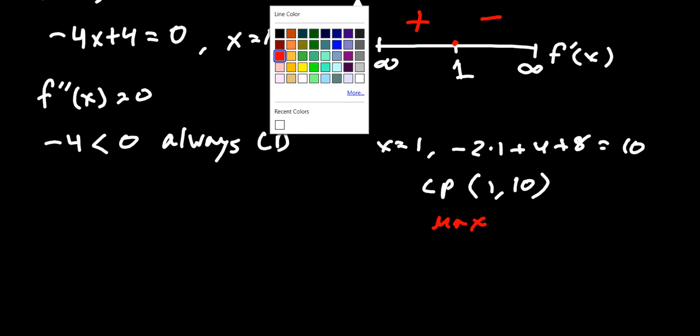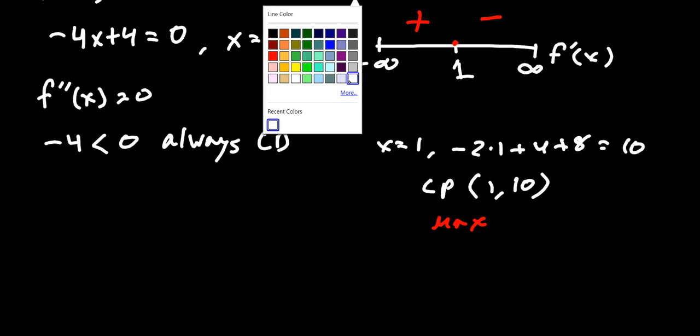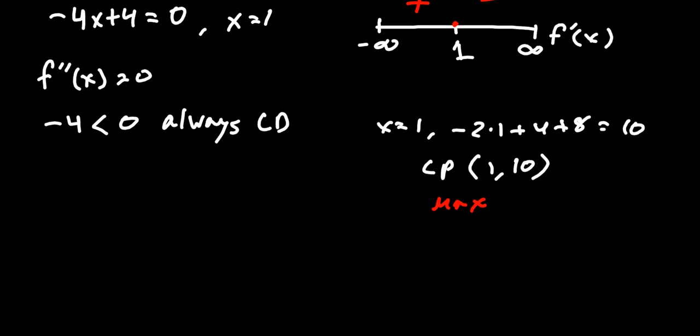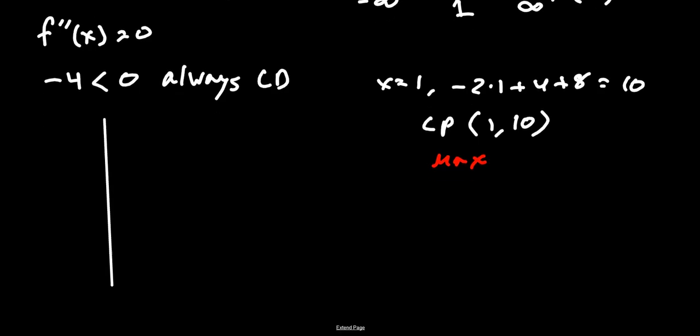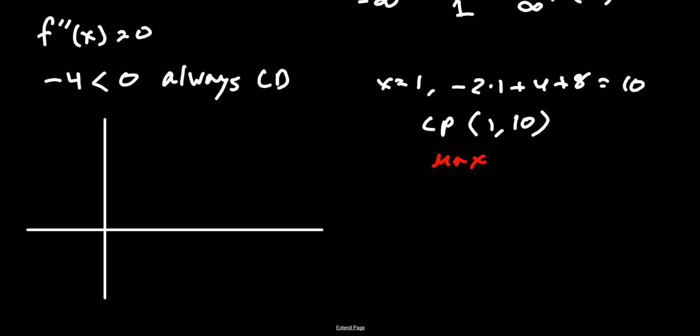So if we were to graph this function, let me create a little graph. Imagine we have a critical point (1, 10) here. The function would look something like this. We're definitely redrawing that.